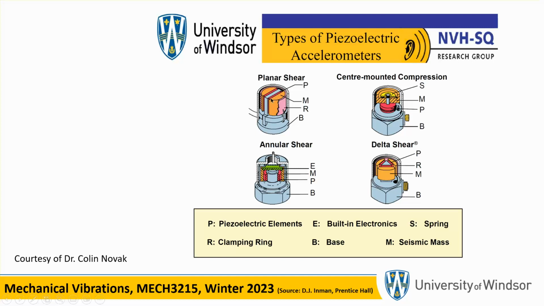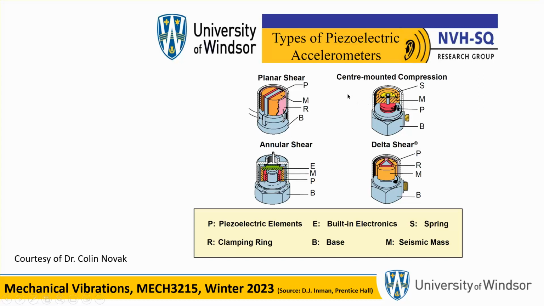The actual piezoelectric crystal is that piece, the blue thing in the middle, or it can be annular shear, in other words, something around it that shears this material, or it can be compression. So there's your piezo material.